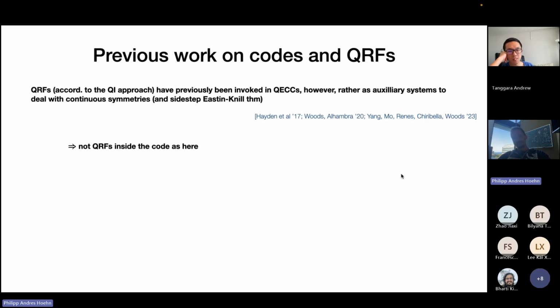Whereas in our case, quantum reference frames are really going to be part of the code itself. So it's qualitatively different, and the correspondence I'm about to describe is only feasible with this approach.